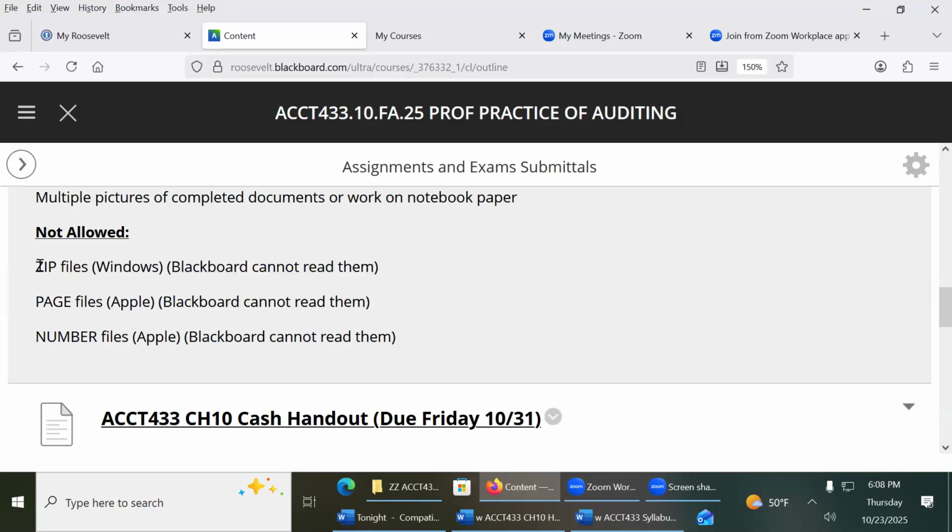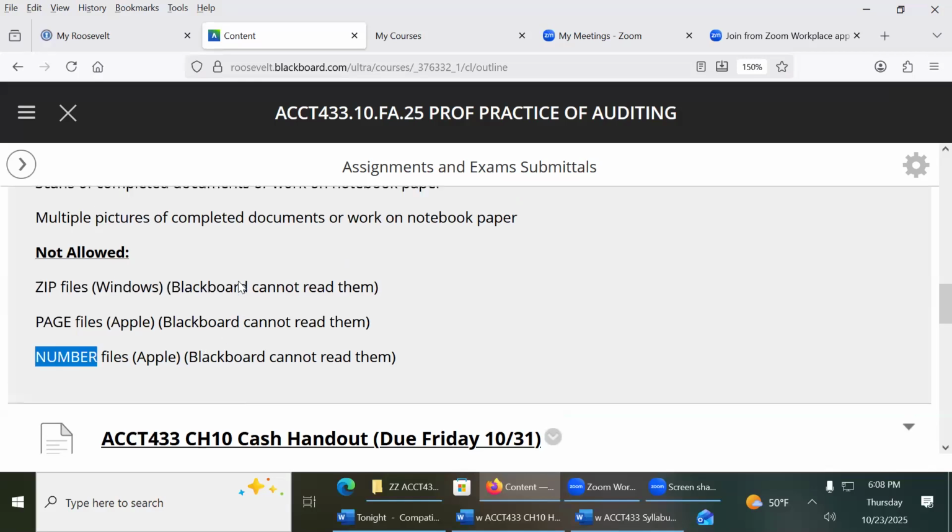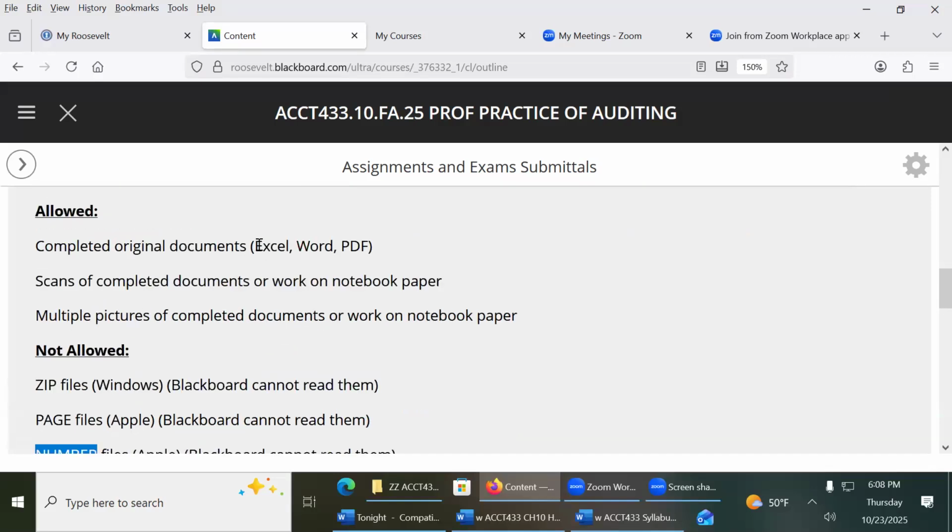So zip files are the Windows version and pages files are the Apple version. I know you get all these pictures, you go, okay, let's put them in a zip file or a pages file. Don't do that for Blackboard. It doesn't like them. It also doesn't like the Numbers program that Apple has. So if you could just export to Excel, if you want to use that, there's nothing wrong with using it, but export it into Excel and then turn the Excel file in.